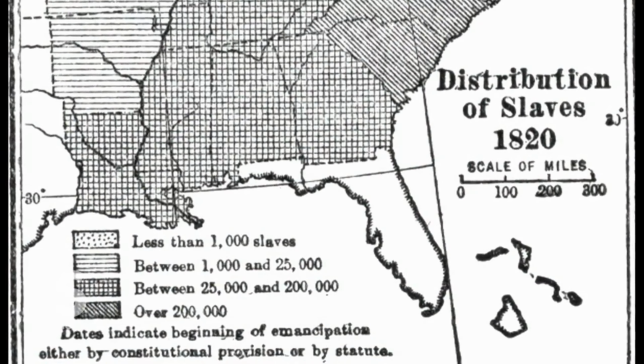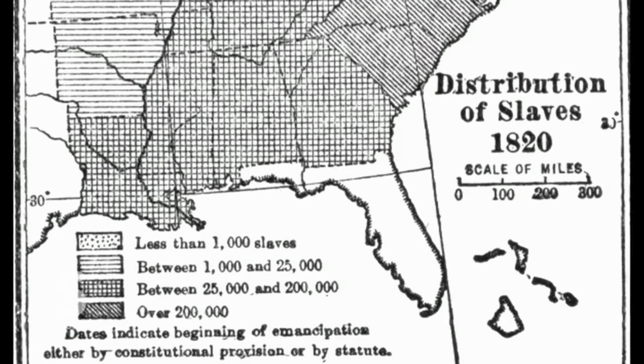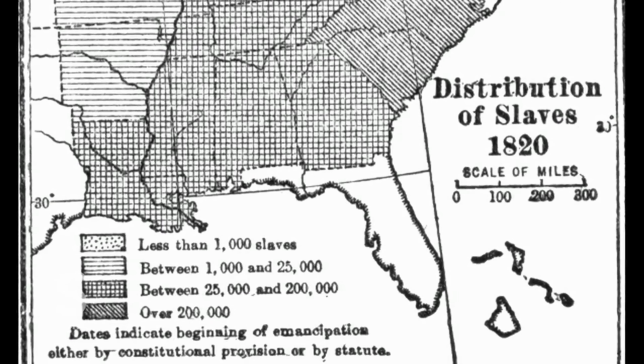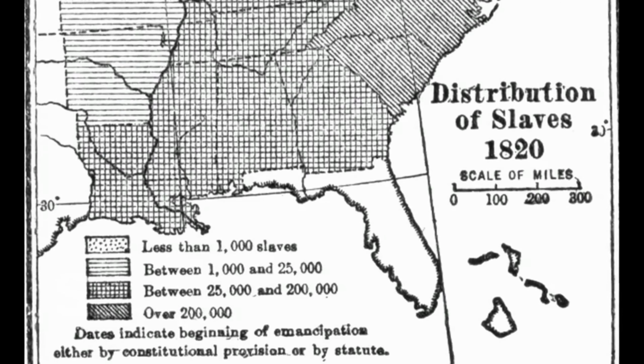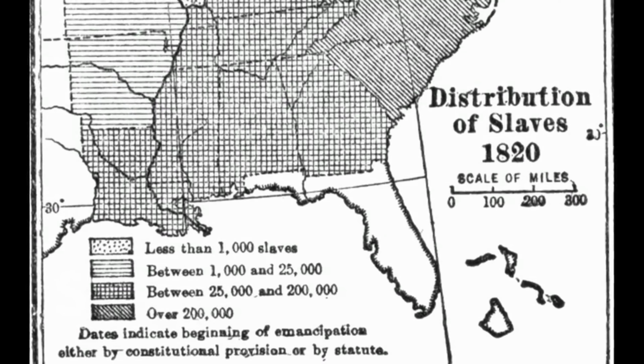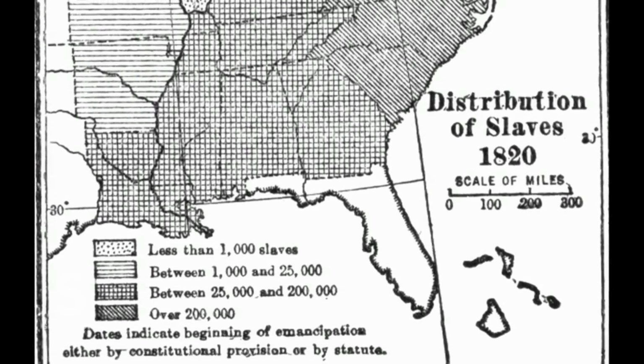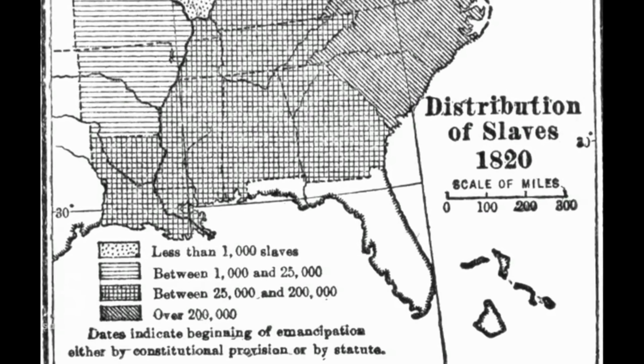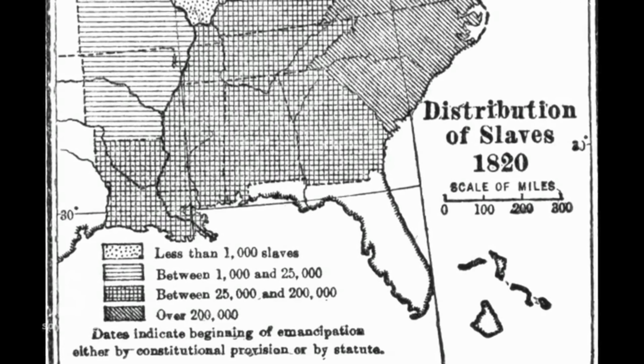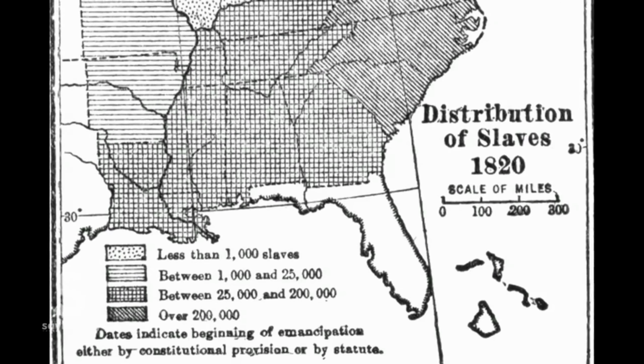One of the main causes was the fact that it became increasingly clear by the 1820s and 1830s that Southerners, instead of seeing slavery as a necessary evil, were actually seeing slavery as a positive good.